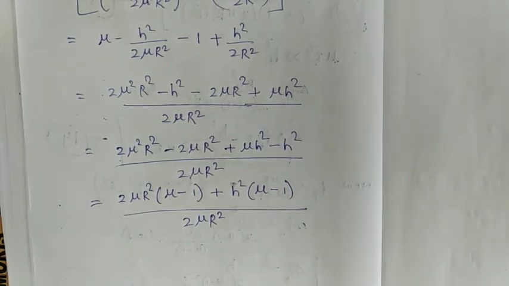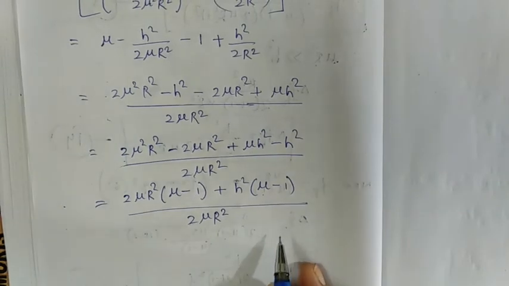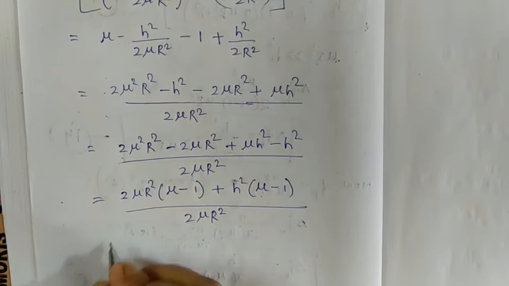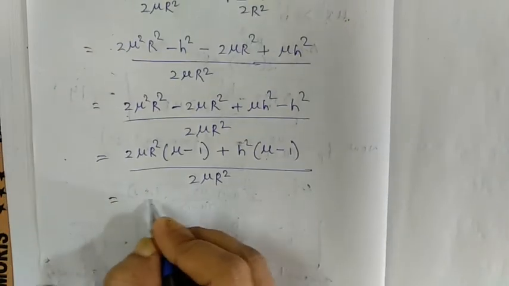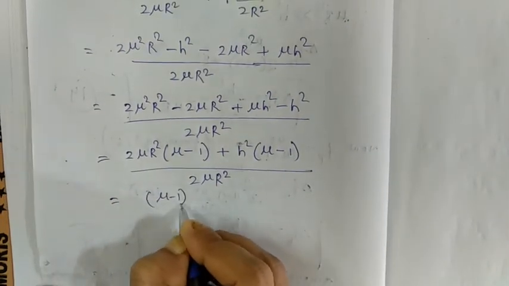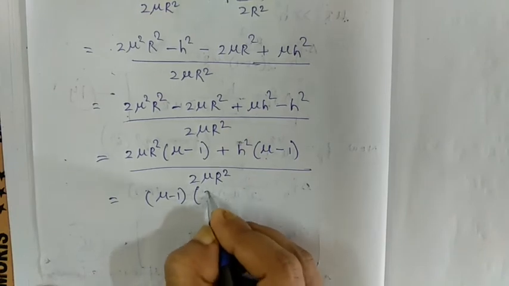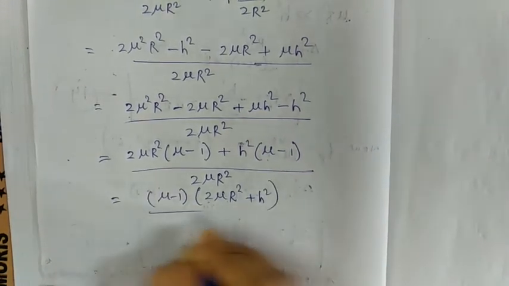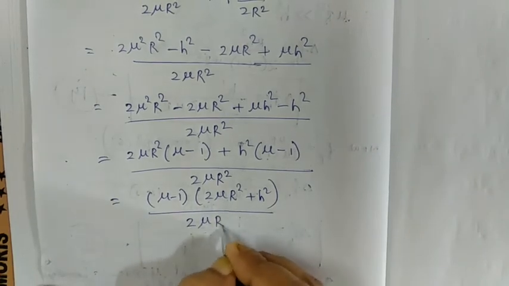So you got such a term. Now from this mu minus 1 can be taken common. So here again we will have mu minus 1 common. So (2 mu r square plus h square) whole divided by 2 mu r square.